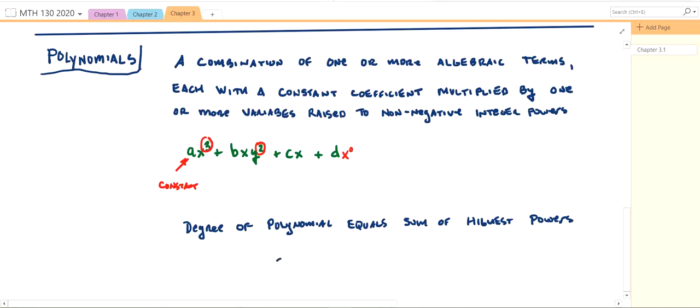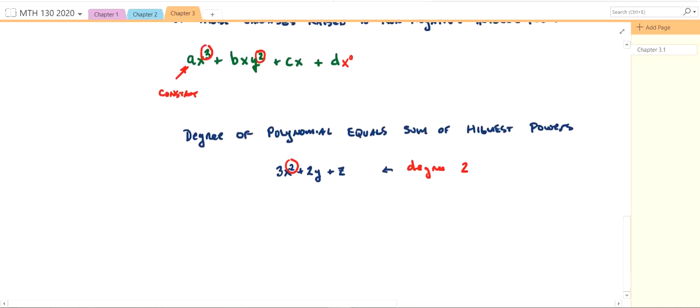Okay, now the degree of a polynomial equals the sum of the highest powers. So for example, if we have 3x squared plus 2y plus z, then the highest power here is 2. So this is degree 2. Let's do a couple more of these.